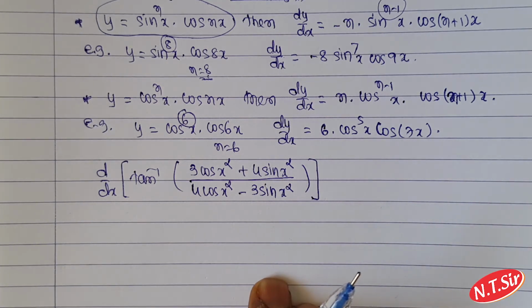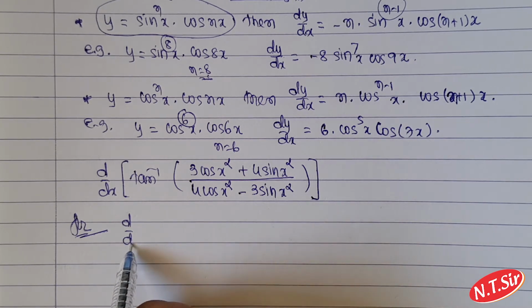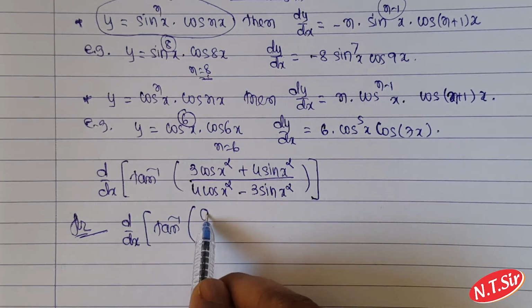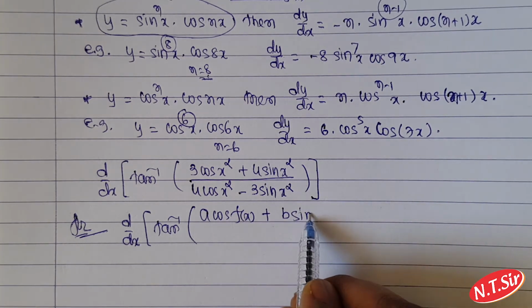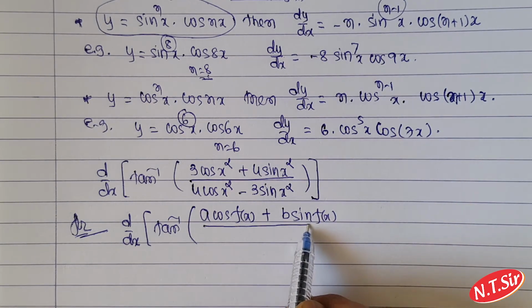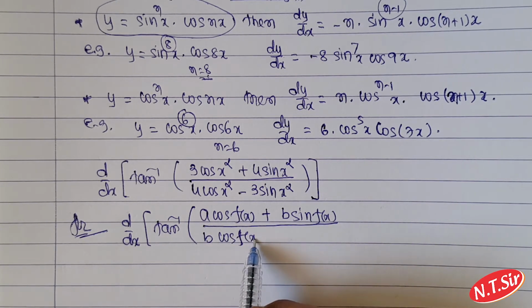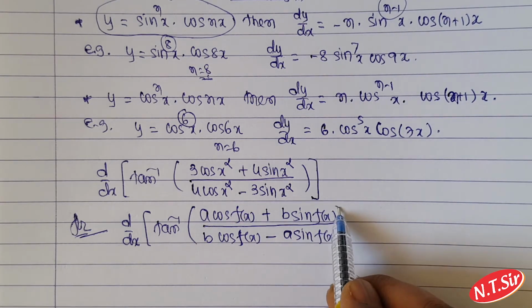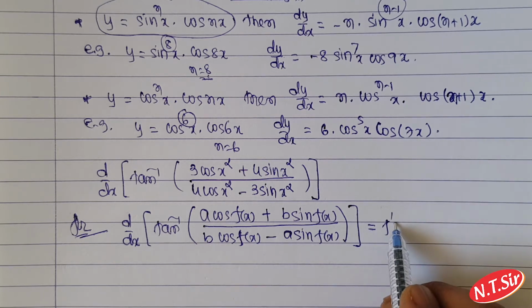For differentiating this type of function, remember this formula: d/dx of tan inverse of (a cos f(x) + b sin f(x)) upon (b cos f(x) - a sin f(x)) is f'(x).